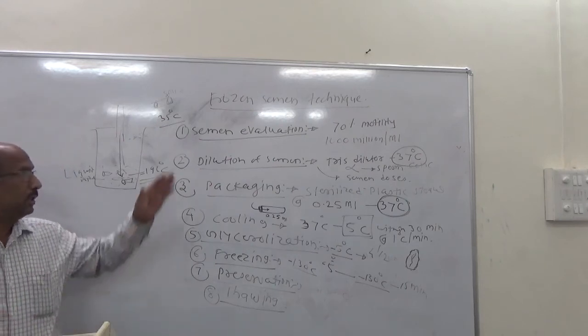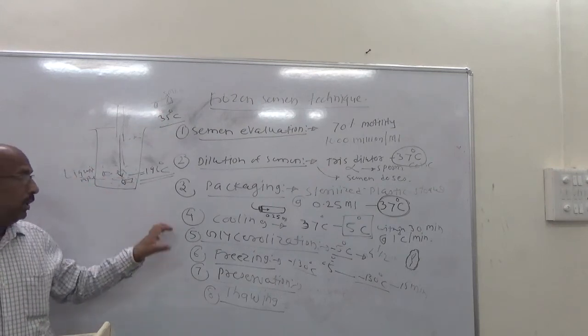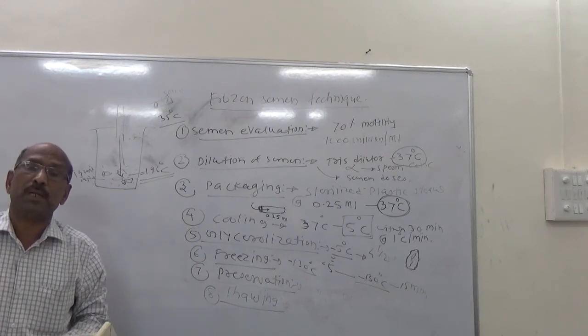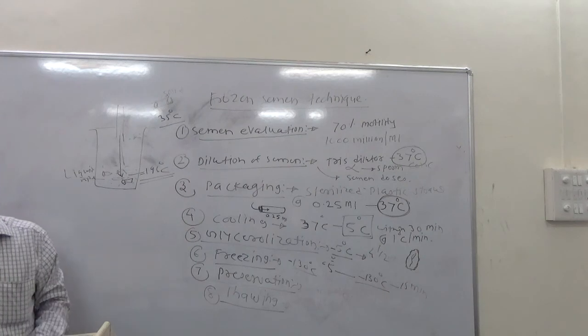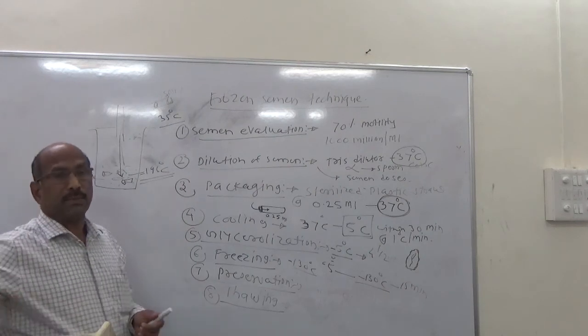So the solid is converted into the liquid form, and the semen straws are used for insemination only after thawing. This process is called thawing.